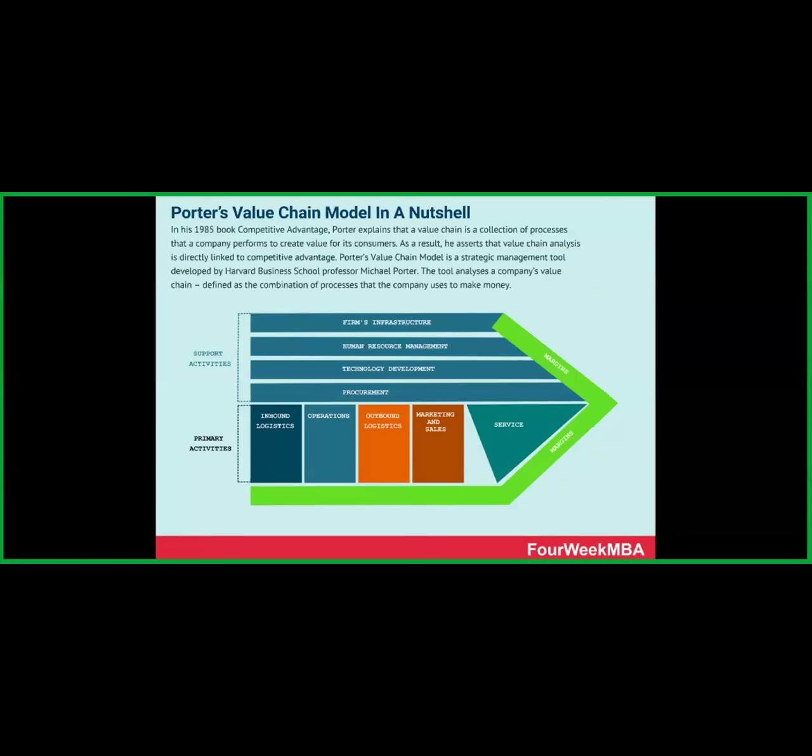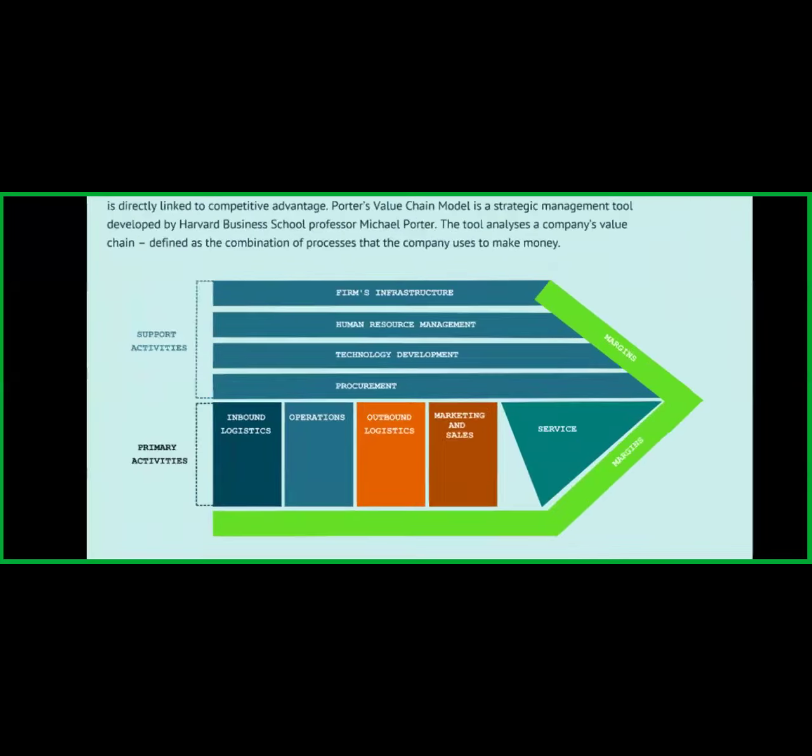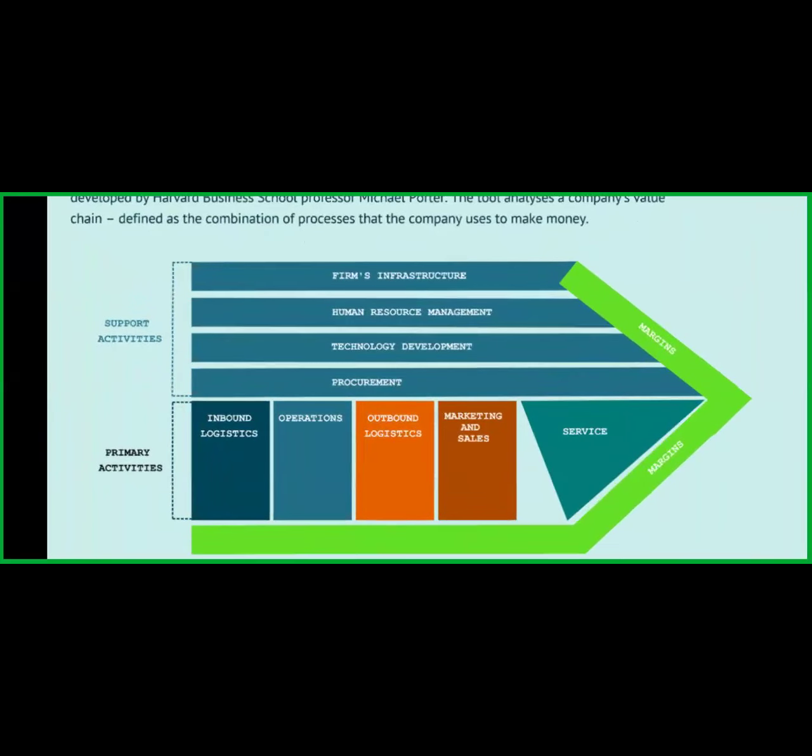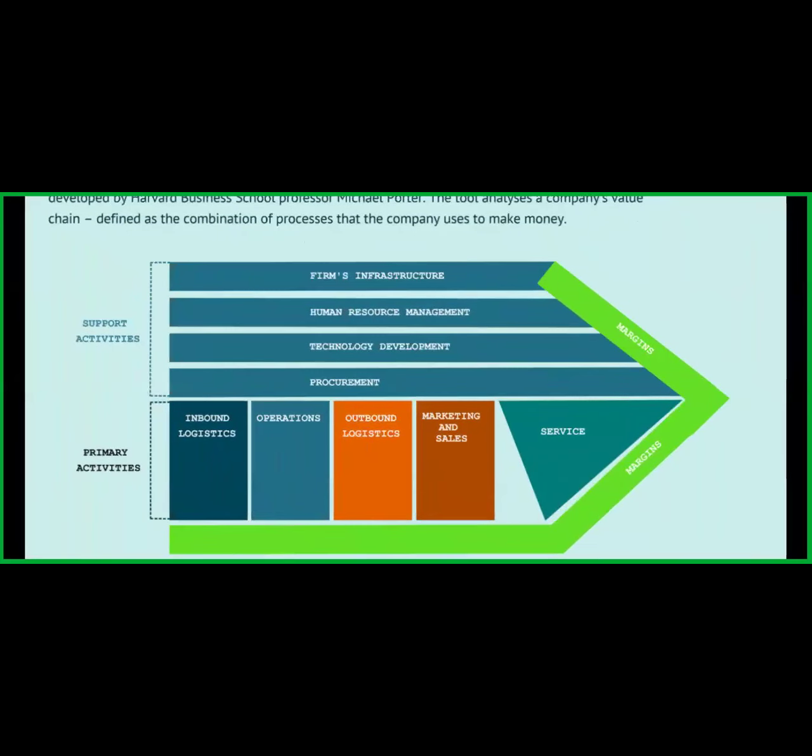Porter's value chain model is a strategic tool developed by Harvard Business School professor Michael Porter. The tool analyzes the company's value chain, defined as a combination of processes that the company uses to make money. Here on the slide, the picture shows that there are two types of activities.